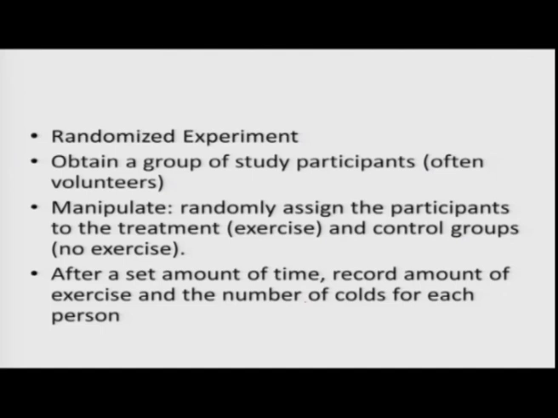So, now you take, for example, two groups of people, all of whom are not doing any exercise at this moment. Now you randomly assign them into two groups. For one group you ask them to spend at least 2 hours every day on some specific exercise. The other group you just ask them to continue to do what they are doing, that is no exercise.